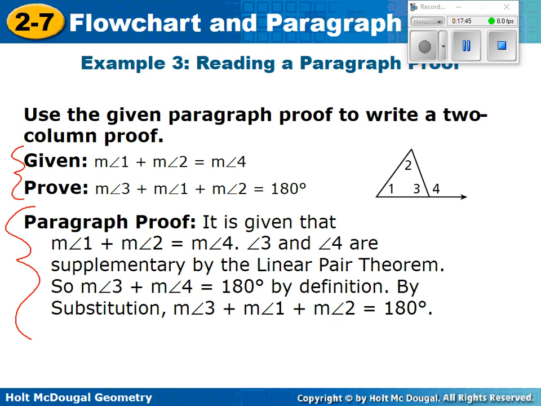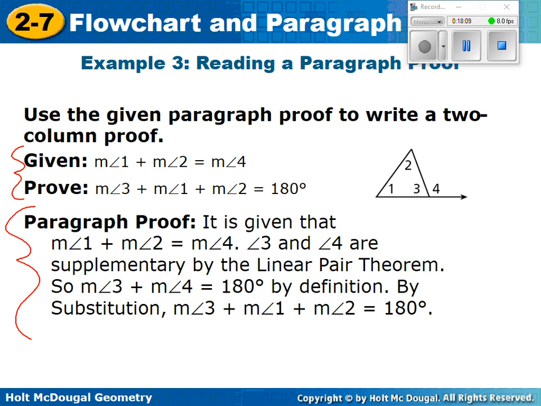Linear pair theorem. So again, you're just picking it out from the sentence. Now, how did they know that angles 3 and 4 were a linear pair? Okay, the picture. And technically, what they should have written, which they did not, is that angle 3 and angle 4 are a linear pair before they said they were supplementary.